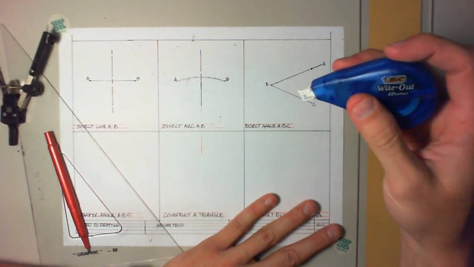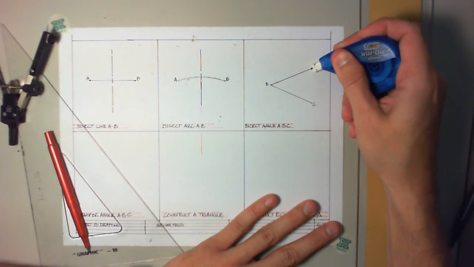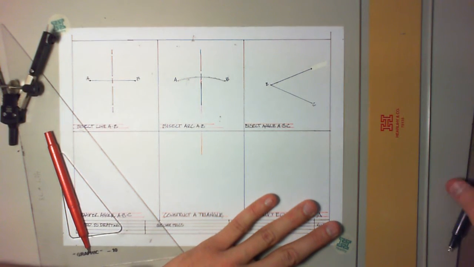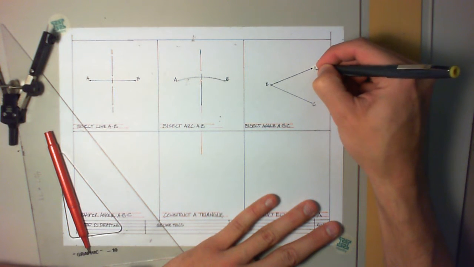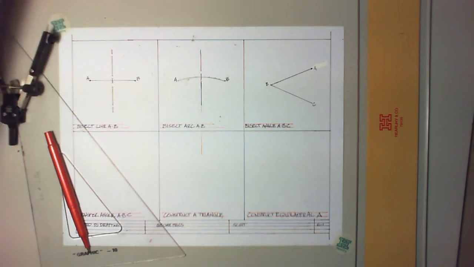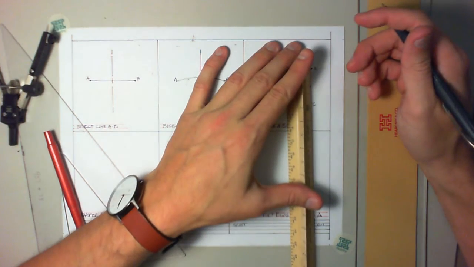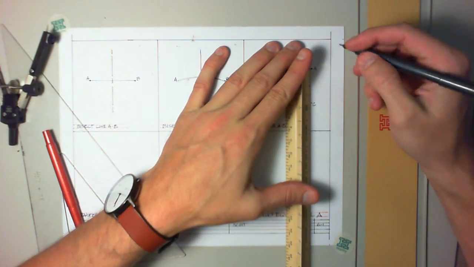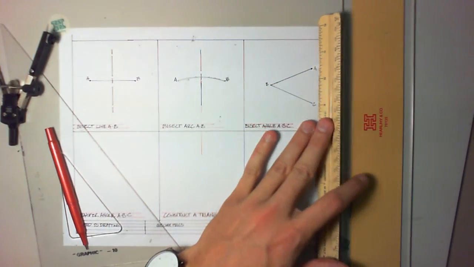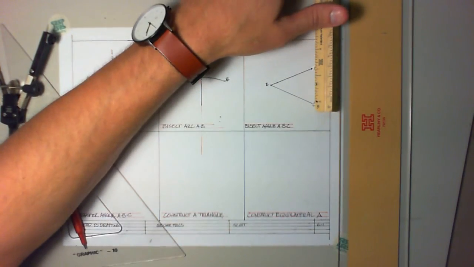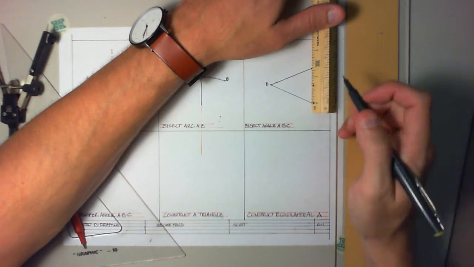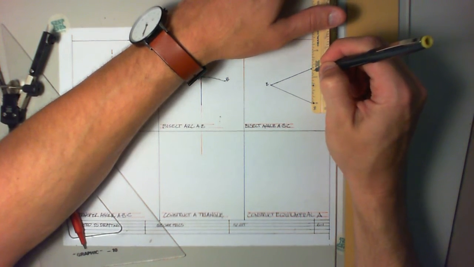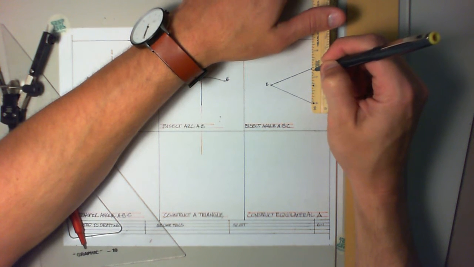So A, you're going to draw, and then we're going to split the vertical distance between A and C. So you put the 0 on C, and then whatever's left over. I have roughly 1 3/8, so we need to split that.